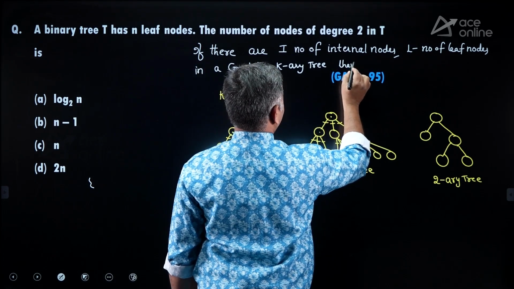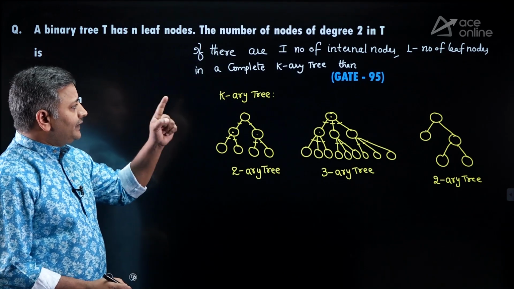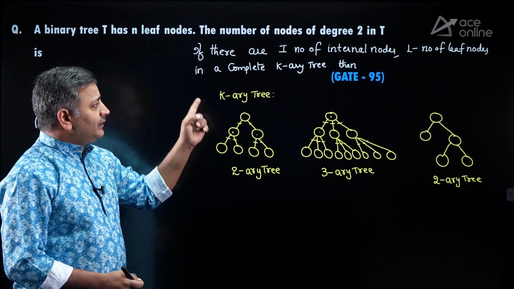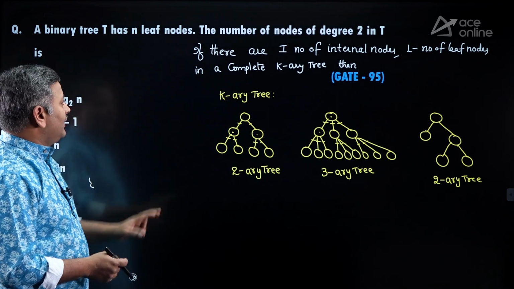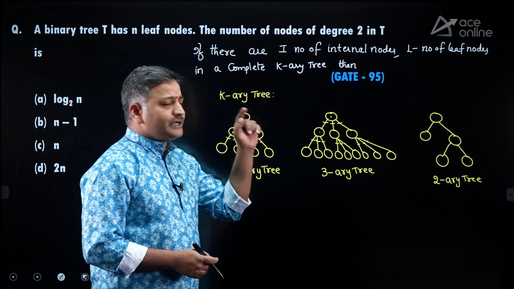Then what is the relationship among internal nodes and leaf nodes? So clearly I internal nodes are there and L leaf nodes are there, and it is a complete K-ary tree, and what is the relation between leaf nodes and internal nodes?